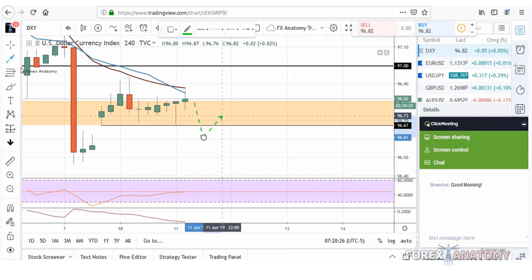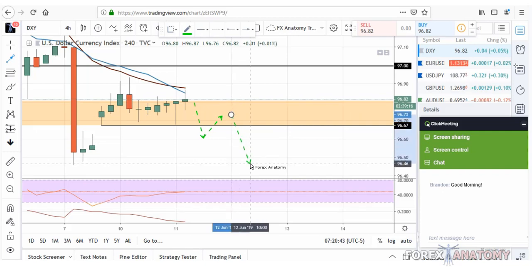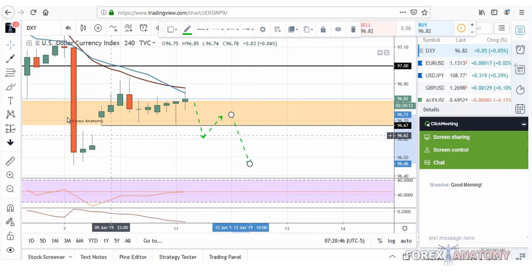So we'll look for something like a break to the downside, and then a pullback, and then price continues sliding lower. That's for the US dollar index if we see a break to the downside.